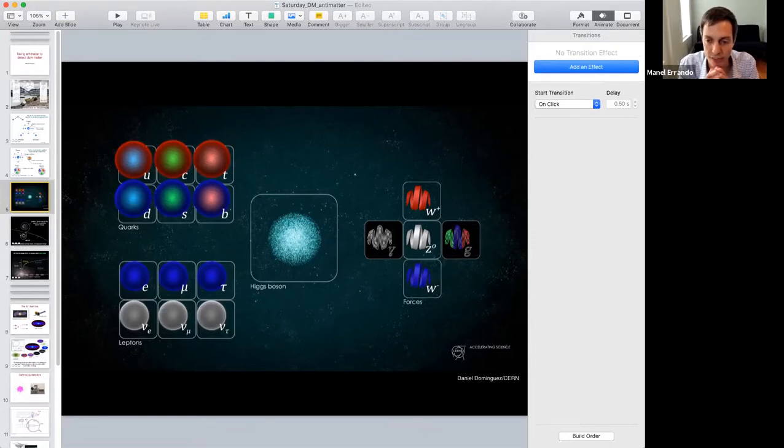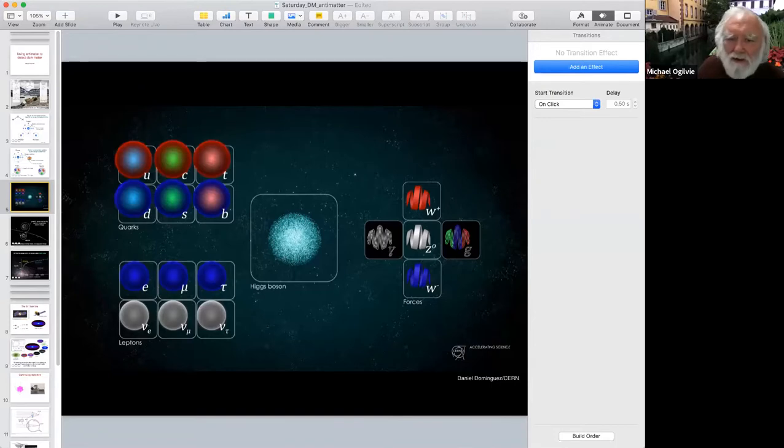I don't know if there's any. There might be beyond the standard model theories where the Higgs couples with dark matter, but I'm not aware. That's a bit too far out of my expertise. I know it's been looked at. I think that it's not the most theoretically favored possibility.